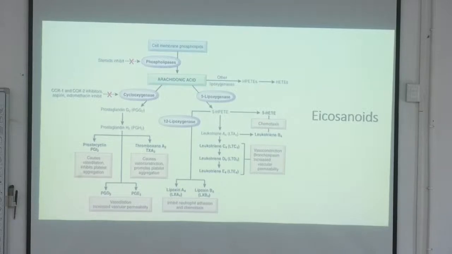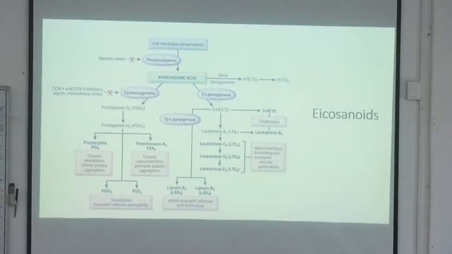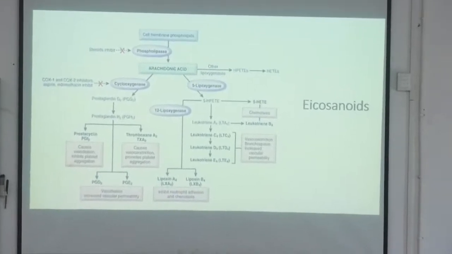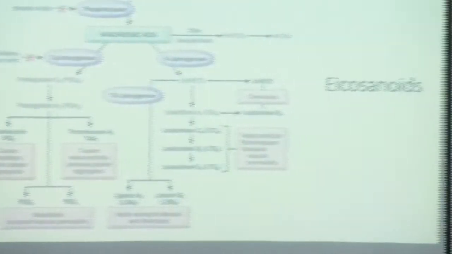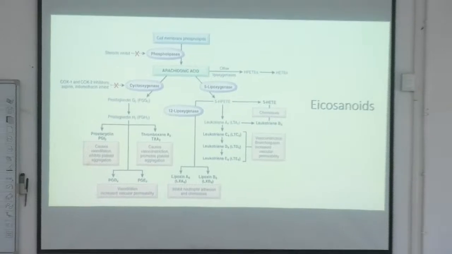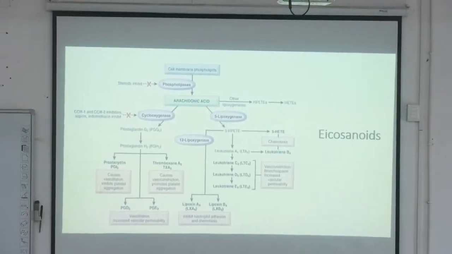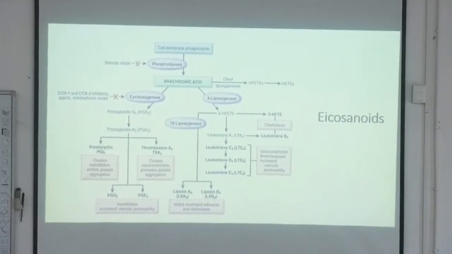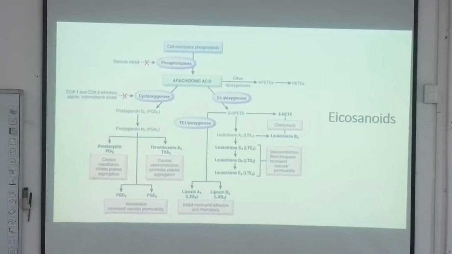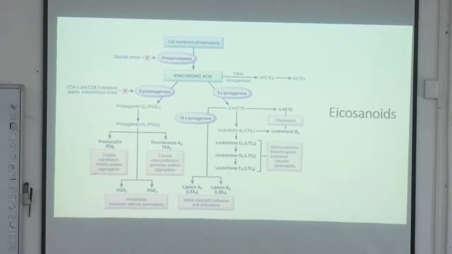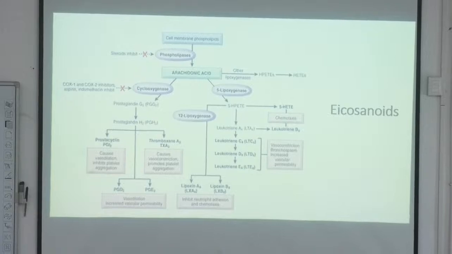From the cell membrane phospholipid, by the action of phospholipase enzyme, the phospholipids are split into arachidonic acid. And after the formation of arachidonic acid, there are two important enzymes that act on arachidonic acid to help in the formation of various terminal molecules named icosanoids.